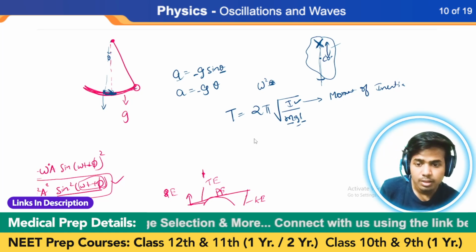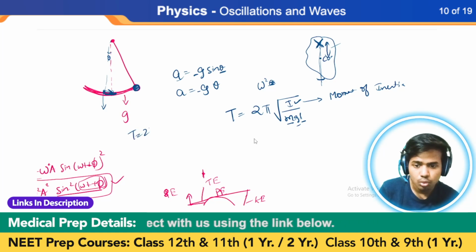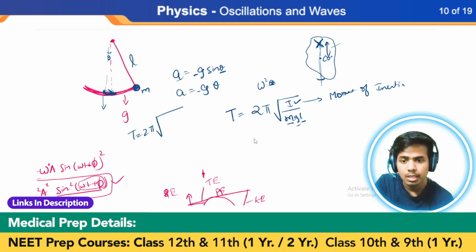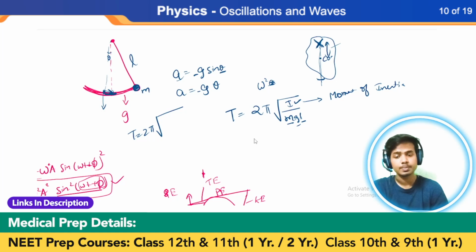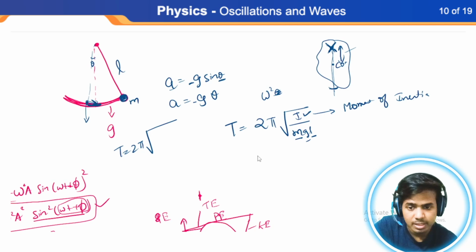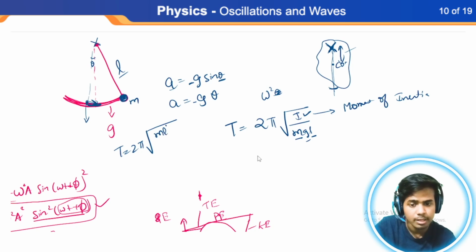In case of a bob, let's apply this equation. T is equal to 2 pi under root I. Let's say the mass is m and the length is l. Then what is the moment of inertia going to be for this particular mass about this axis of rotation? Of course, it is a point mass, so it will be mr square. But the length between them is l, so ml square divided by mgl.